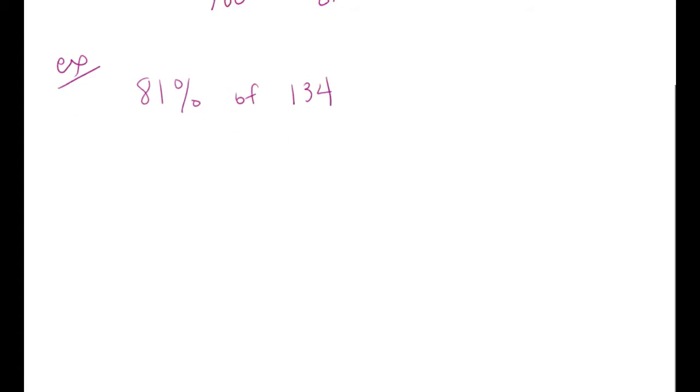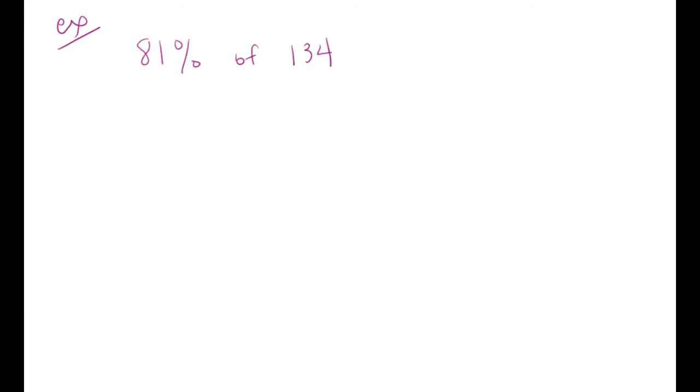According to my formula, I'm always going to put the percent, which in this case is 81, over 100 every time. Percent goes over 100. And then we want to know what 81% is. Is is the unknown, and notice my is is up top, of 134.